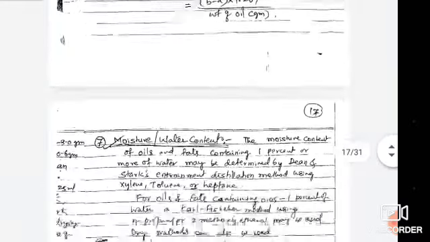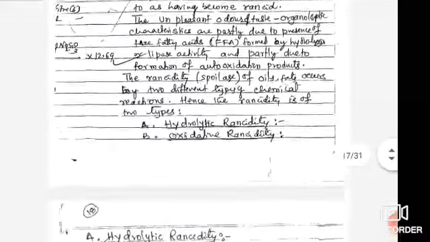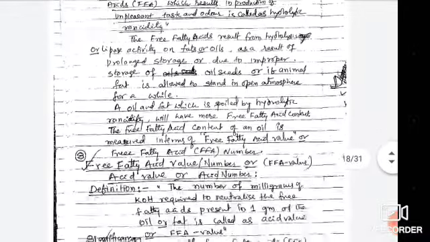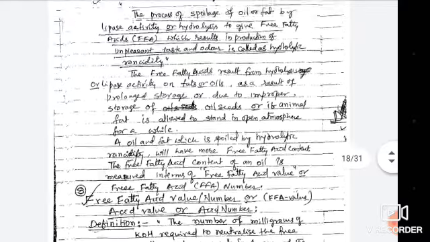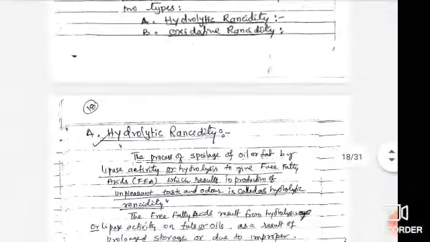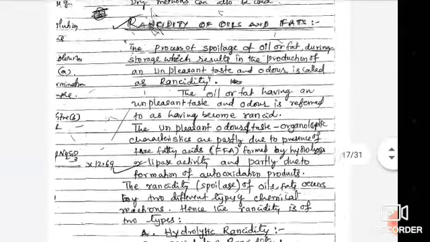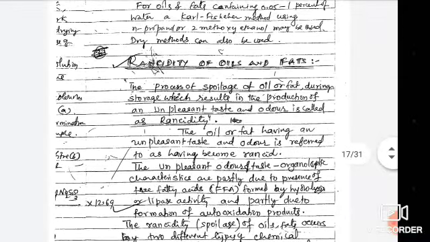So this is about the iodine value, and we have already learned about the acid value or free fatty acid value. In this way, today this chapter is over. That is the principles and methods of analysis of saponifiable oils and fats.